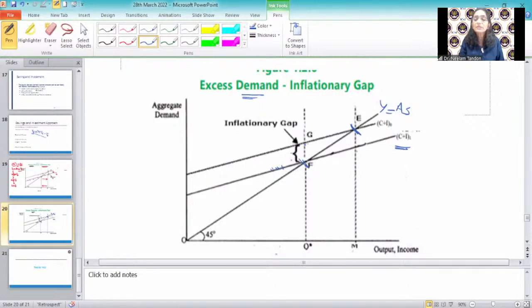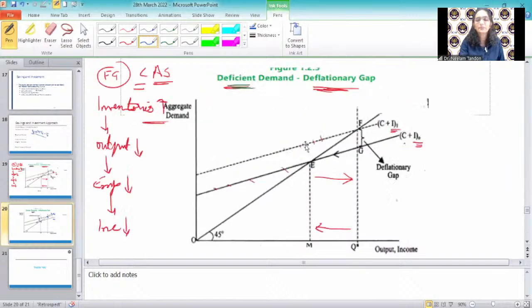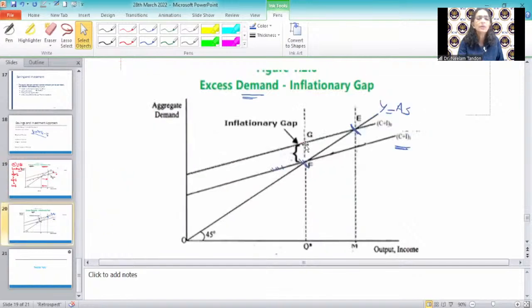So this is the inflationary gap. Inflationary gap happens when there's excess demand. Excess demand leads to what? Shortage of inventories, just the reverse of this. Over here, you had deficit demand, which we have seen during COVID. But if things are moving, if you believe the economy is going to perform very well and people start spending at a very fast pace, then you demand more.